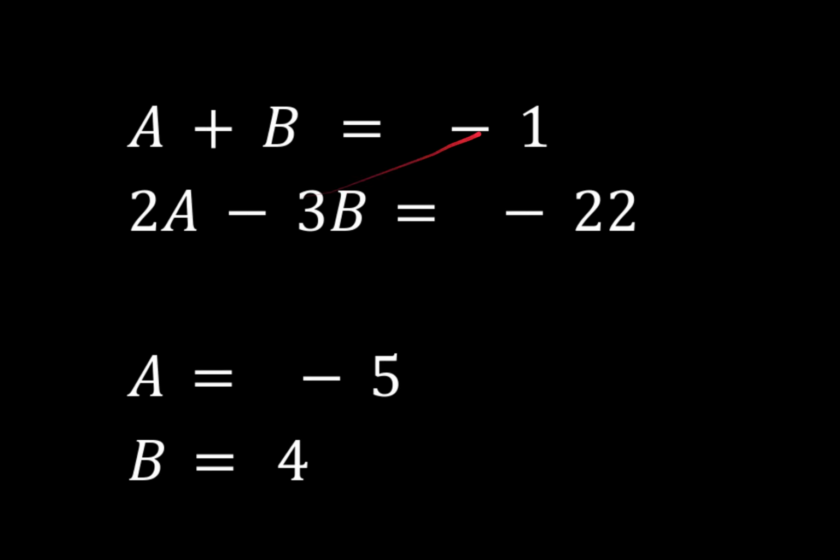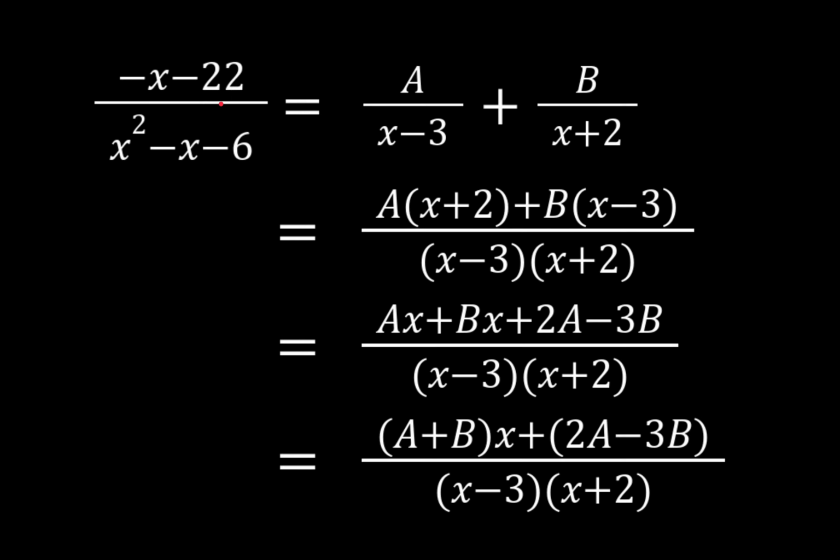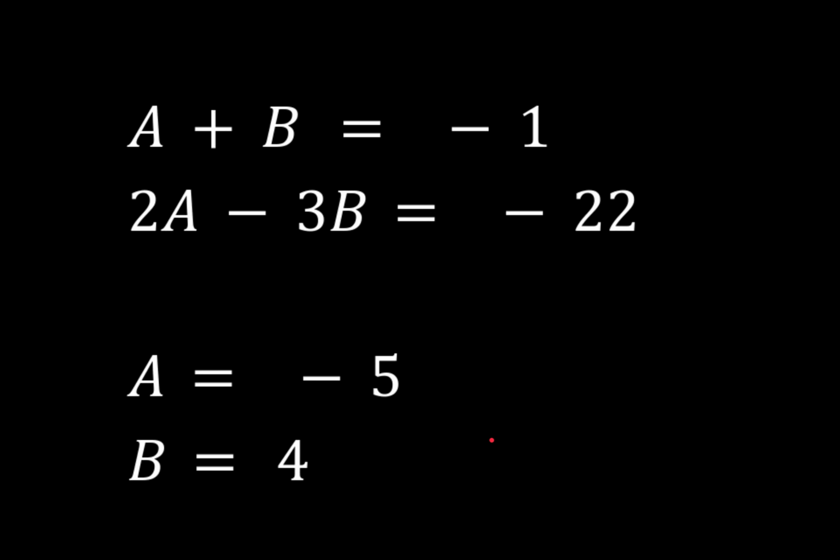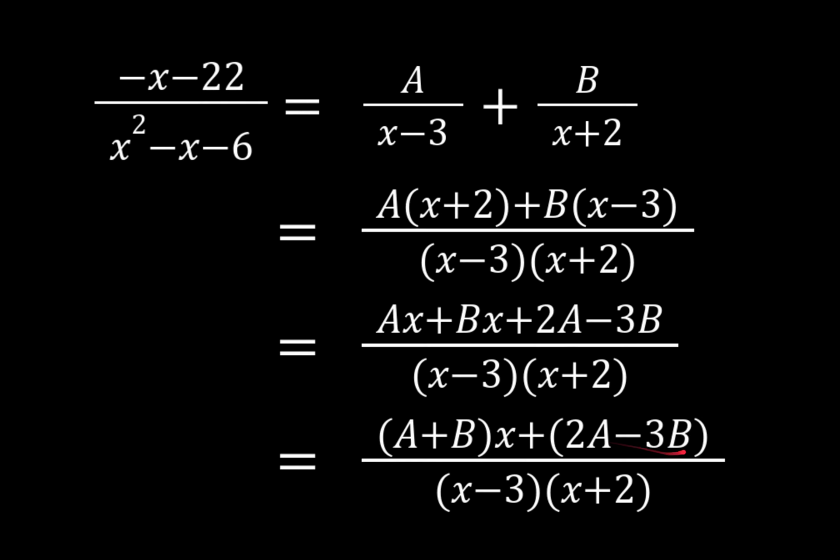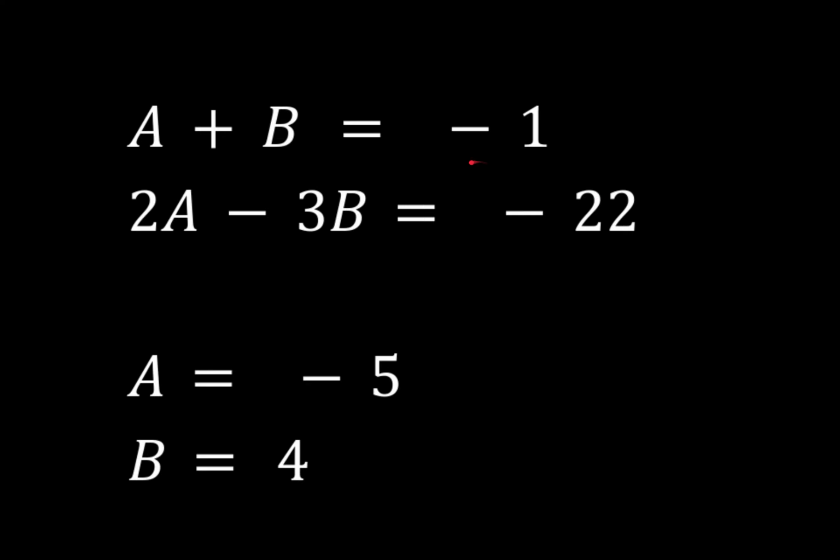So we have our two systems of equations. This governs for x to the power of 1. This is for x to the power of 0. Remember, -1 times x is -x. And here we have a plus b has to equal -1, and 2a minus 3b has to equal -22.